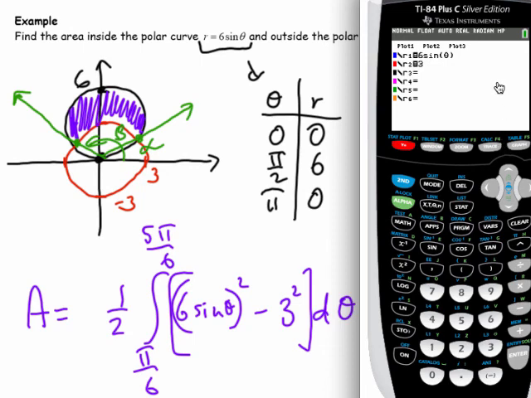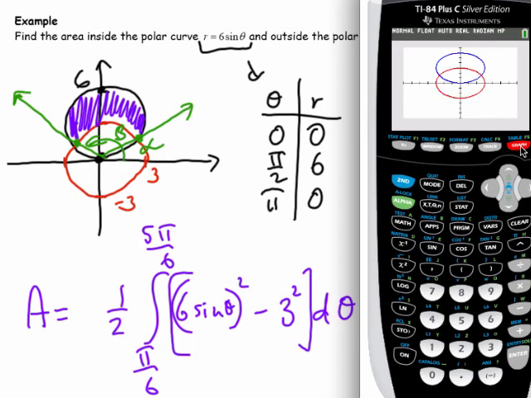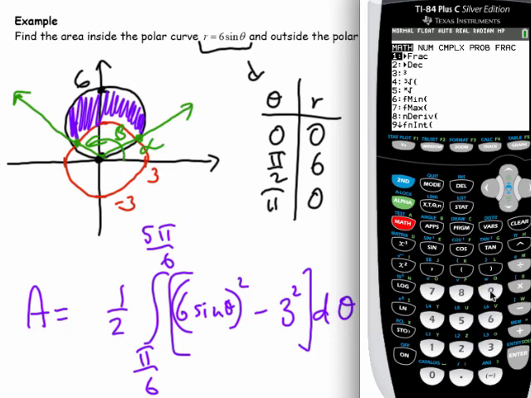Alright, we have everything set up with a calculator. Let's just check out our graph first. There's our circle up top and our circle centered at 0, 0. And we want to enter this expression. So on a blank screen, 0.5, our integral, and pi over 6 to 5 pi over 6, R2 of this function, which I have entered as R1 on mine.